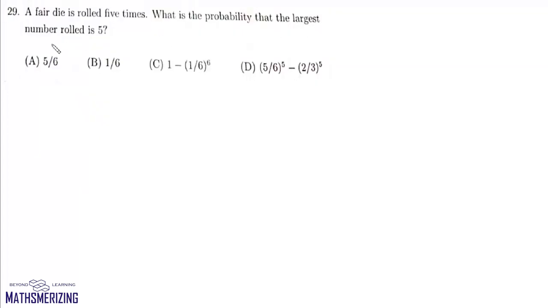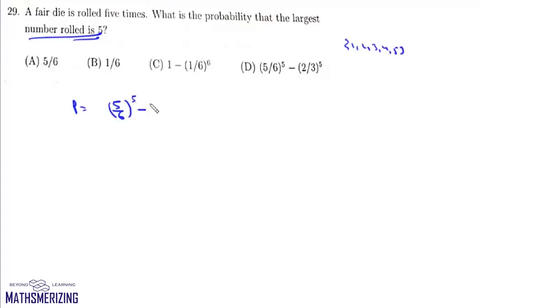Now question number 29 is, a fair die is rolled 5 times. What is the probability that the largest number rolled is 5? Now we'll find this probability by exclusion. We'll find the probability that the largest number is 5 or less. If the largest number is 5 or less, then we have 5 choices each. So this probability will be 5 by 6 into 5 by 6 into 5 by 6, 5 times.